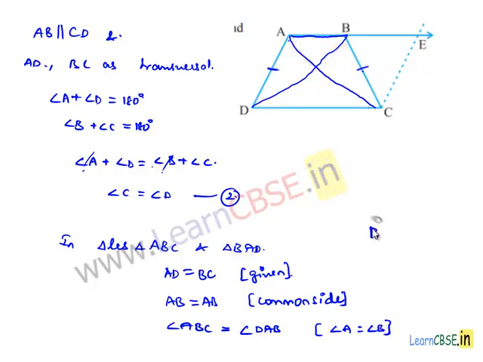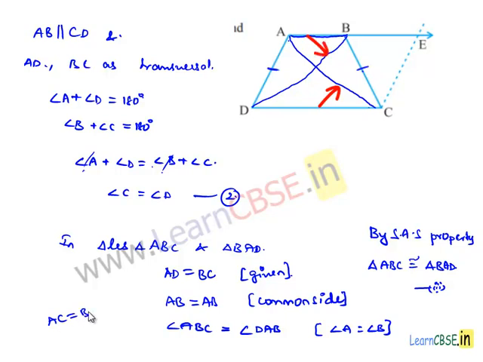Therefore, by SAS property, as two sides and corresponding angles in both the triangles are equal, we can say triangle ABC is congruent to triangle BAD. We know that when two triangles are congruent, then their corresponding sides can be equated. So here we can equate their corresponding sides, that is AC is equal to BD. This is what our fourth proof required.